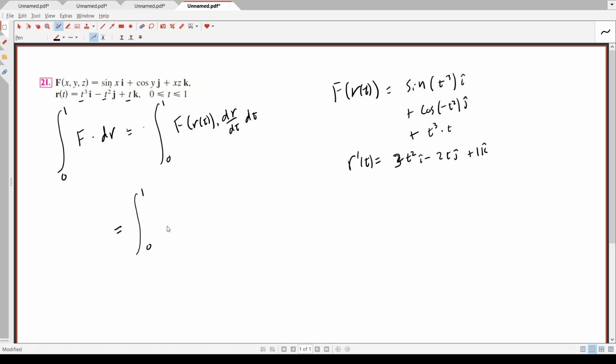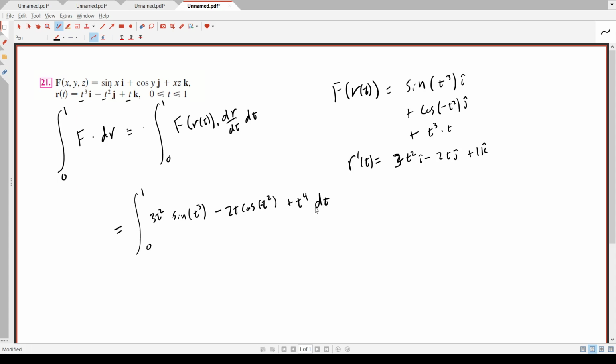Okay, so if I do the dot product of these two, I get 3t squared sine t cubed, there's no i because I'm doing a dot product, minus 2t cosine of negative t squared plus t to the fourth.